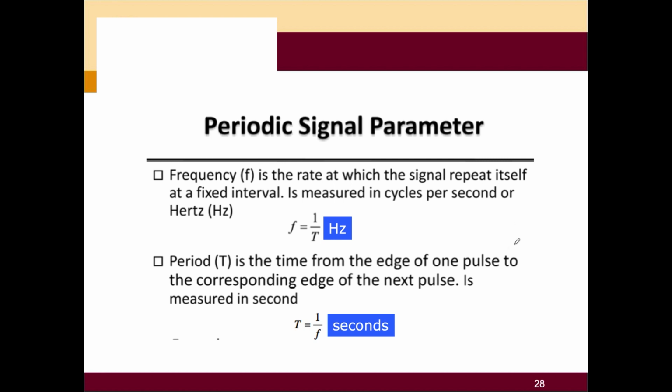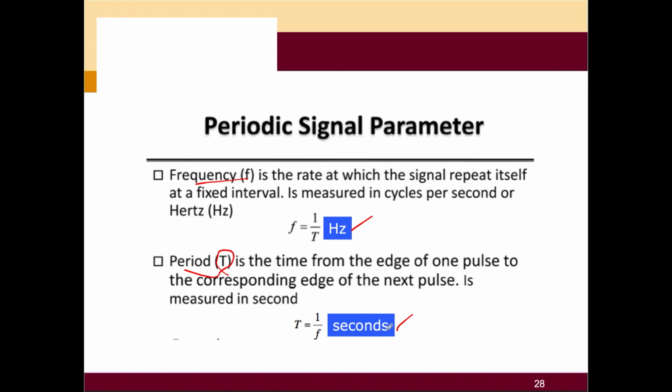It's quite easy because you just play around between frequency and period. Period is normally in seconds, and frequency is normally in hertz, Hz. Only two types.